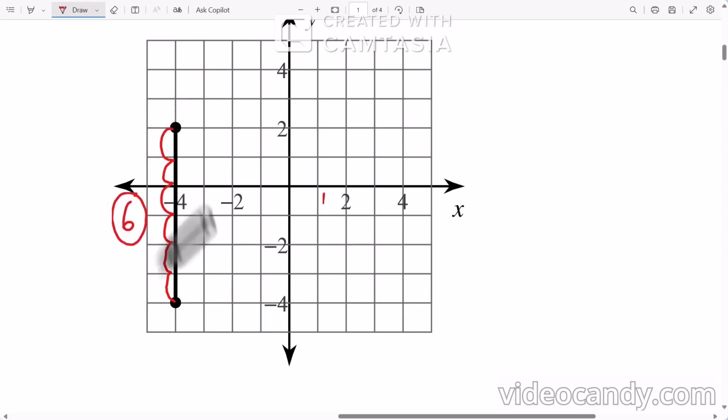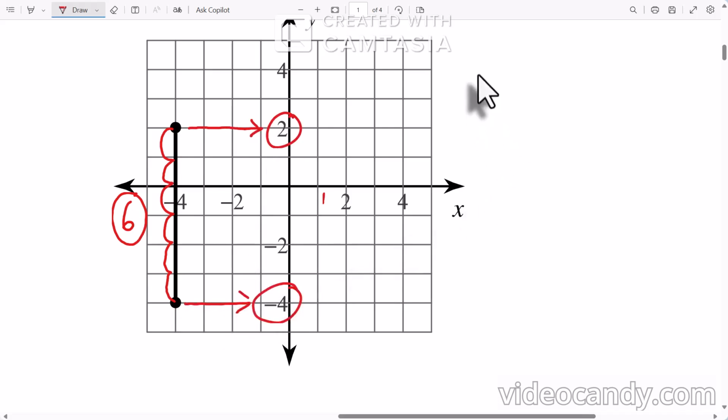If by any chance it was really too long to count, then just look at the x or y coordinates. In this case, you would just ignore the x coordinate because the x coordinate is -4 throughout. But if you look at the y coordinates, we have a 2 and we have a -4.